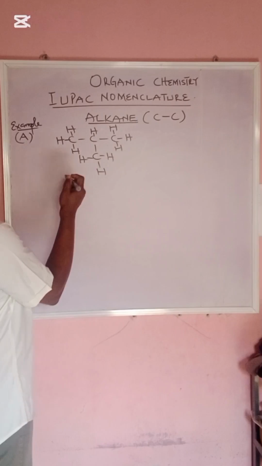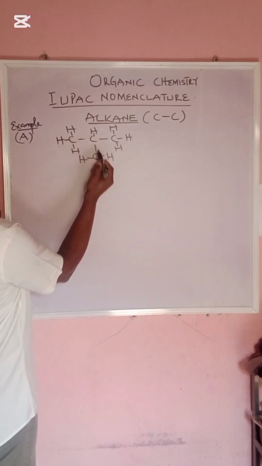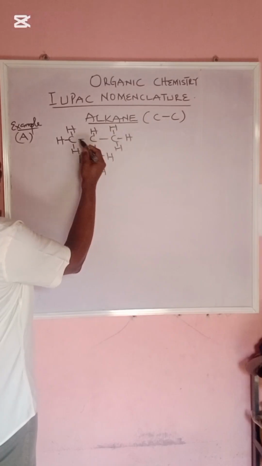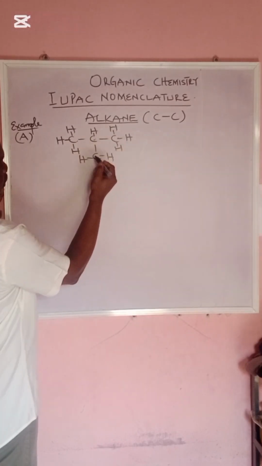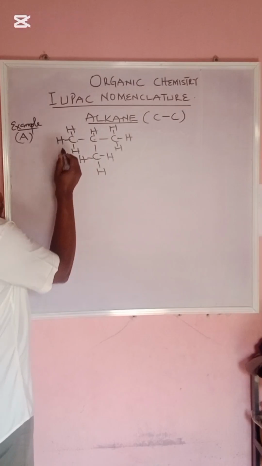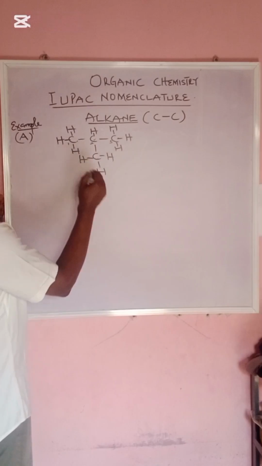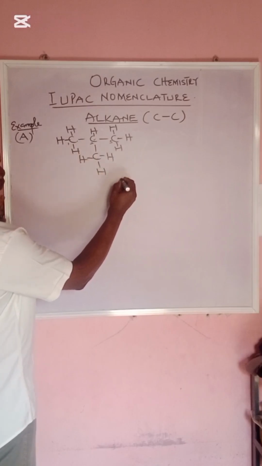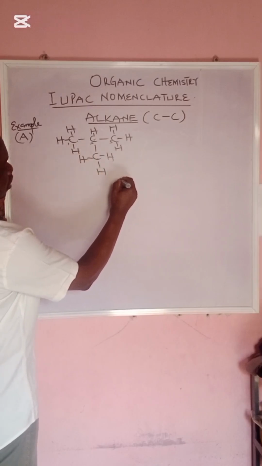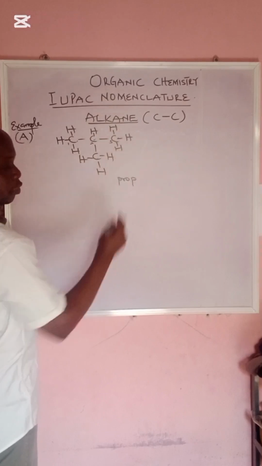So this is the longest. If you are counting from left to right, 1, 2, 3, in any order you will see it is 3. The longest is 3, so you write this as parent name. The parent name will be 3 carbon atoms, which is prop.